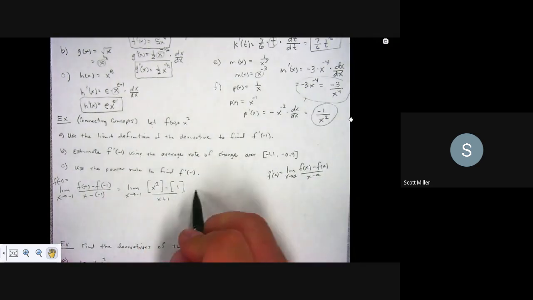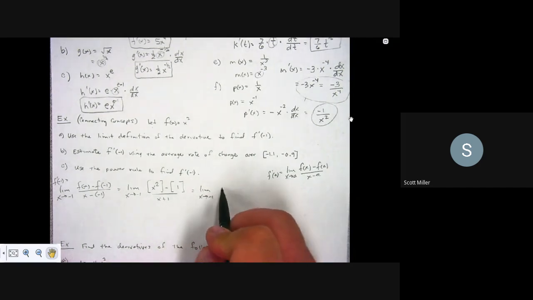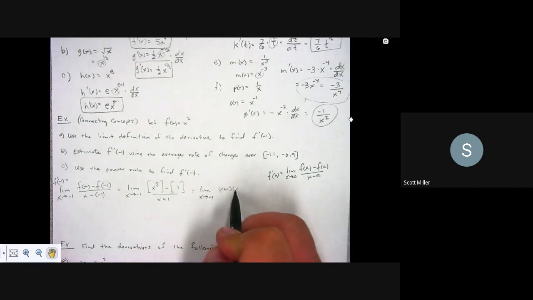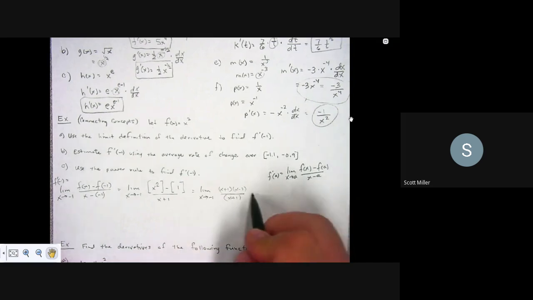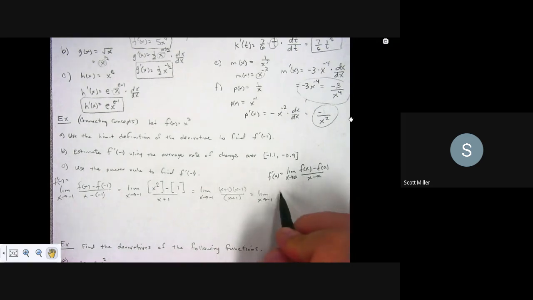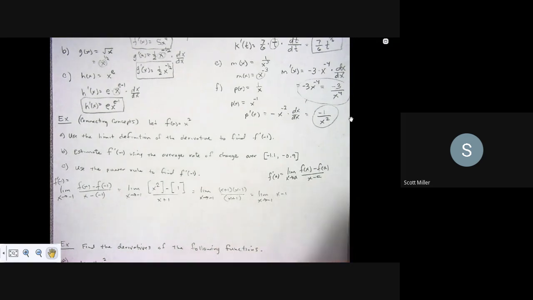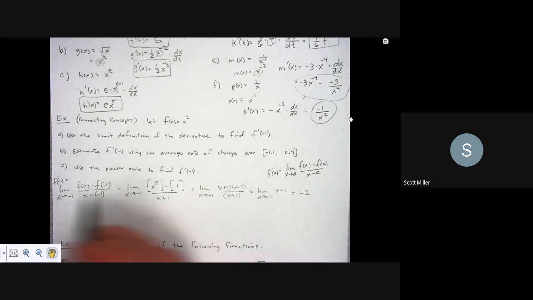Using the factoring technique on top, you're going to get the limit as x approaches negative 1 of x plus 1 times x minus 1, over x plus 1. It will reduce, giving me the limit as x approaches negative 1 of x minus 1. And then if I plug in using direct substitution, plug in negative 1 in here, I'm going to get negative 2. So that's using the limit definition to find the derivative at a point.